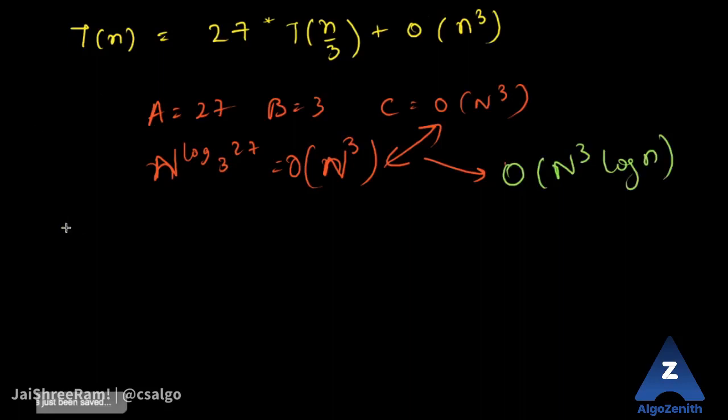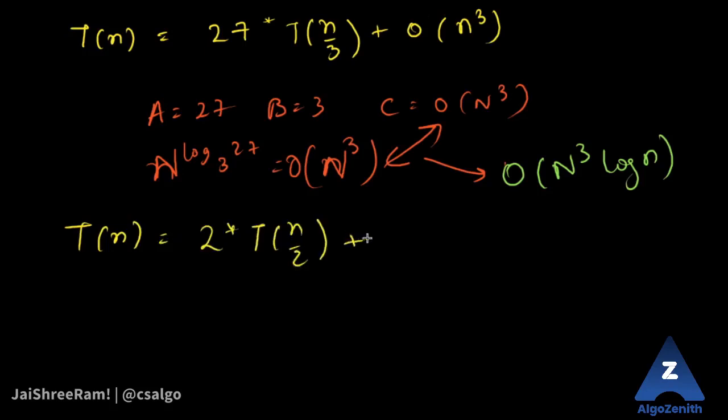Let's take one more example. T of n equal to 2 times T of n by 2 plus n squared. Simply applying Master Theorem again, a is equal to 2, b is equal to 2, c is equal to order n square.